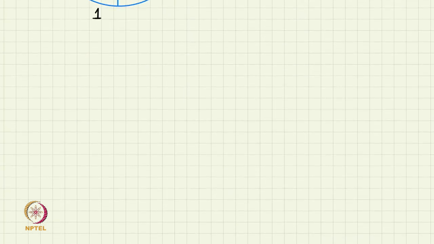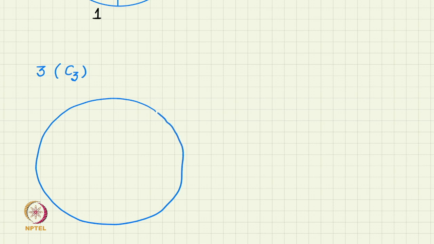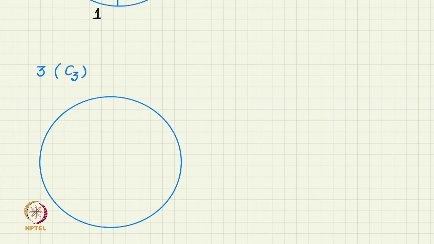So, the next monoaxial point group is 3. In Schoenflies notation C3, international notation 3. I generate the stereogram for it.